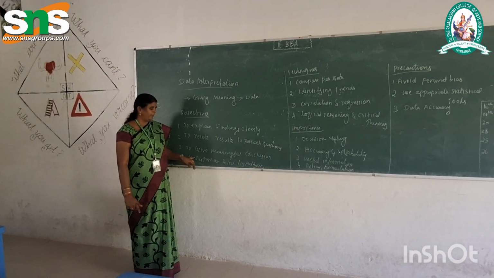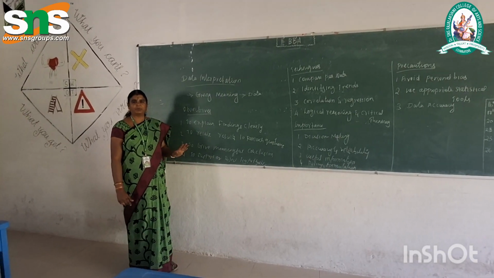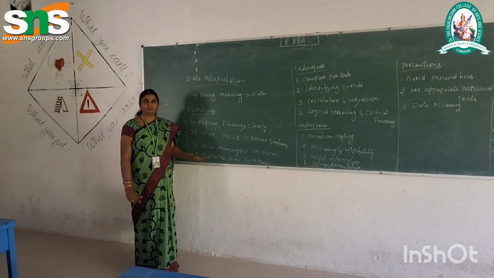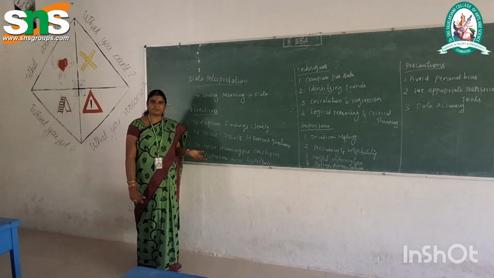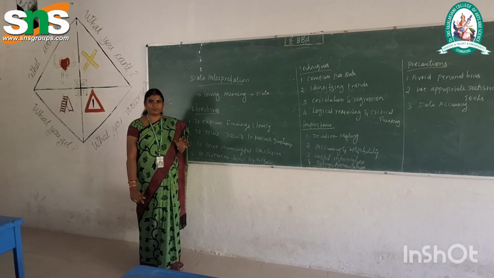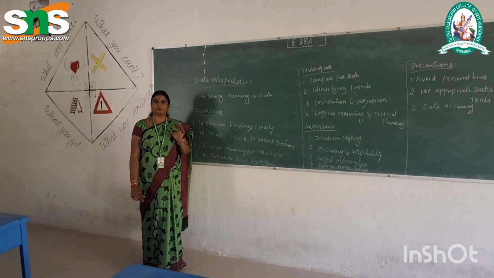The next one, to support or reject the hypothesis. Here we have to prove or disprove. Prove means we are supporting. Disprove means the hypothesis already framed has to be rejected, because the hypothesis is the basic assumption that we provide approximately.